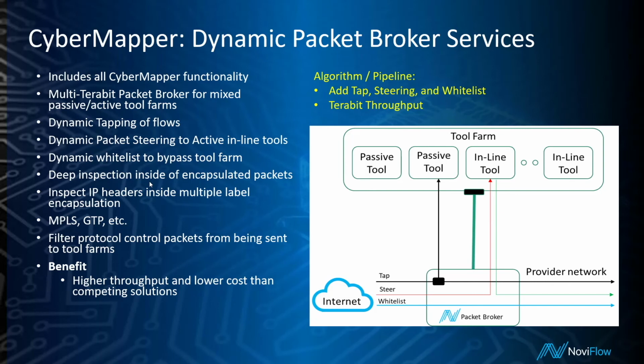There we came up with whitelist and blacklist. How could we move packets through the system much faster if they weren't high risk and didn't need to be processed by security tools? How could we steer some traffic to passive offline tools, as a tap, things like that?